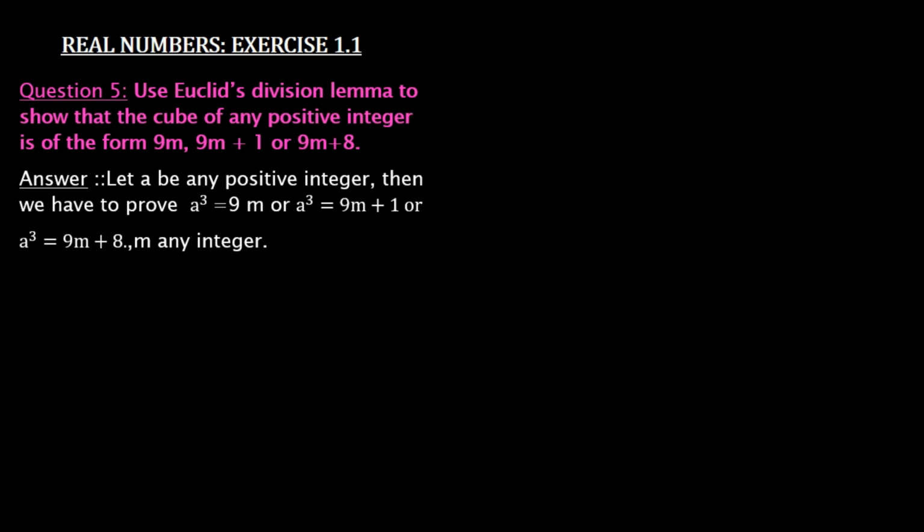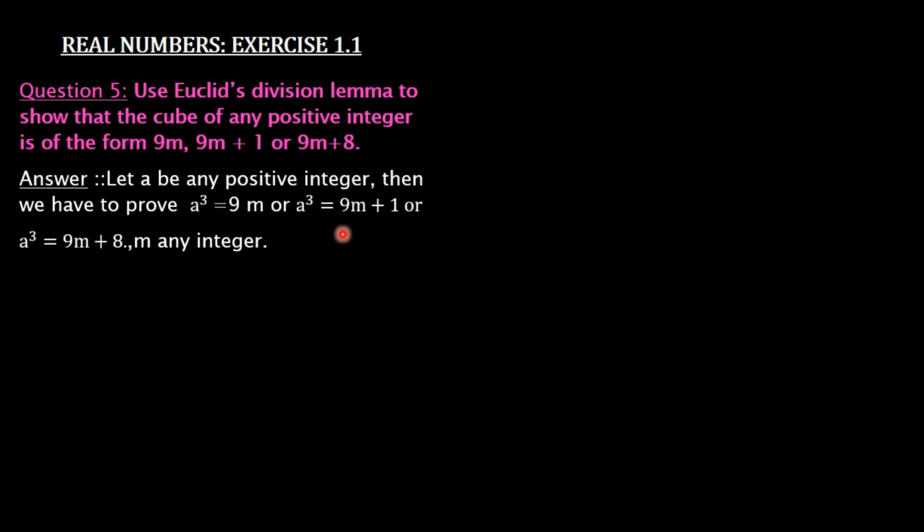Since we have to prove this, it is of the form a equal to bq plus r. Usually we apply Euclid division lemma to 9 and a in this case to observe whether we get this result or not.